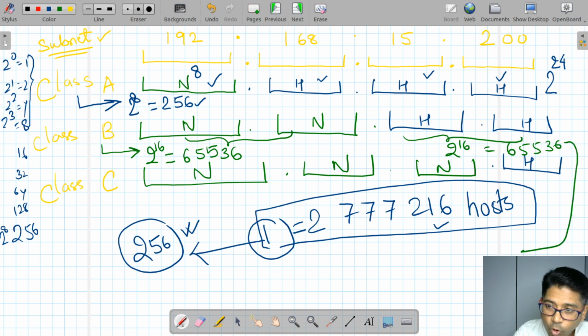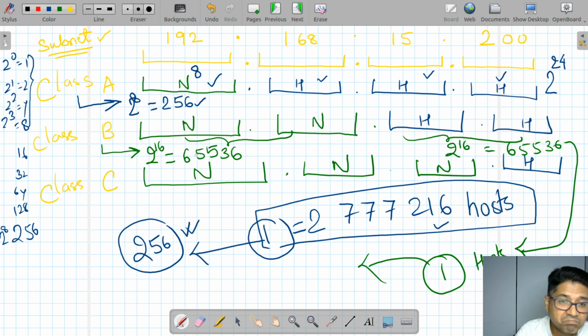This many hosts will be available in one network. And we have 65,536 networks. But in one network, this many PCs is a very big network. That's also not a proper network.